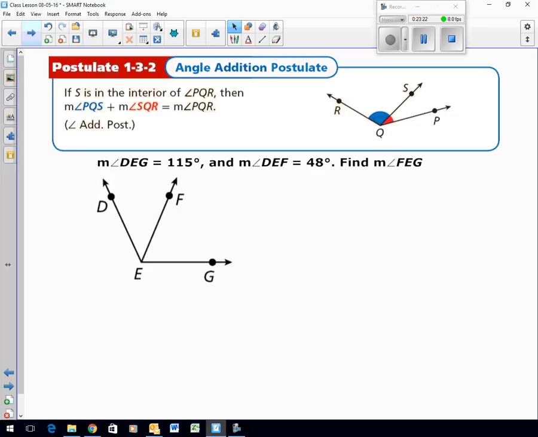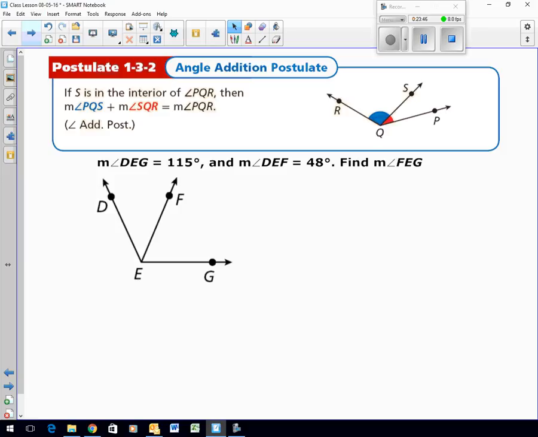All right, good deal. The big angle, it says, is angle PQR. That means that PQS, which they have highlighted as red, plus SQR, blue angle, equals the larger angle itself, right? Okay.